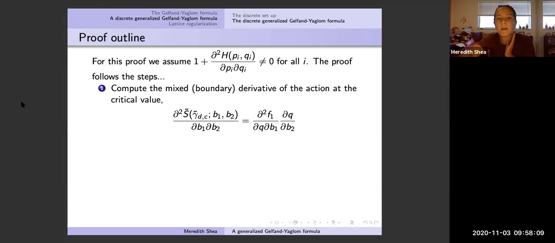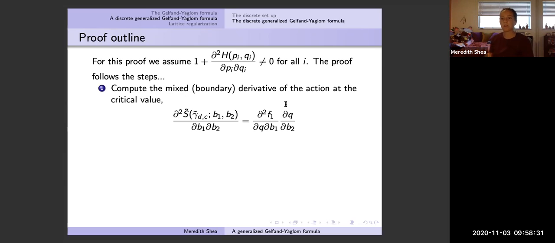So the first thing we want to do is compute the mixed boundary derivatives of the action at the critical value. After just some derivative taking and algebra, it actually simplifies really nicely to this. And so once we get here, the goal is to replace this derivative of q with respect to B2.